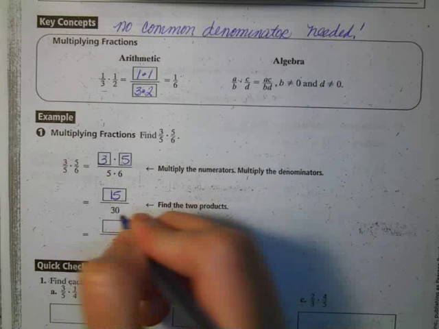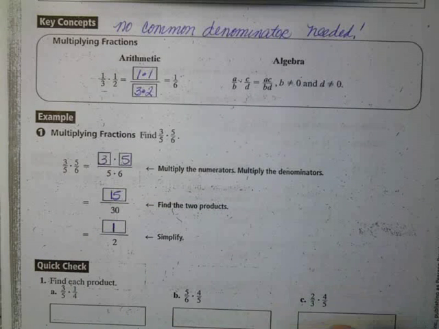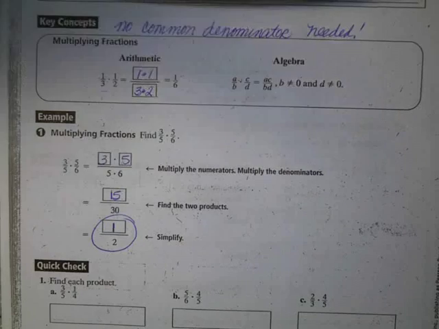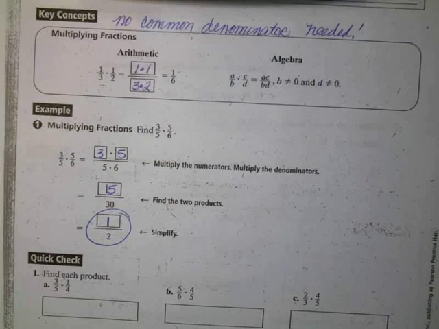In this case, we can divide by a common factor of 15, or you could divide by 5 and then by 3. In the end, you simplify down to 1/2. Goodness, you can tell I have probably done a little bit of filming today because I'm saying the wrong numbers. My apologies.